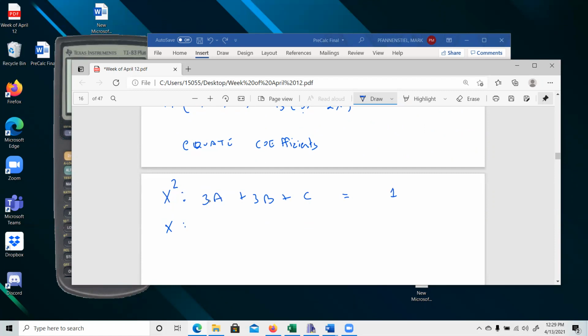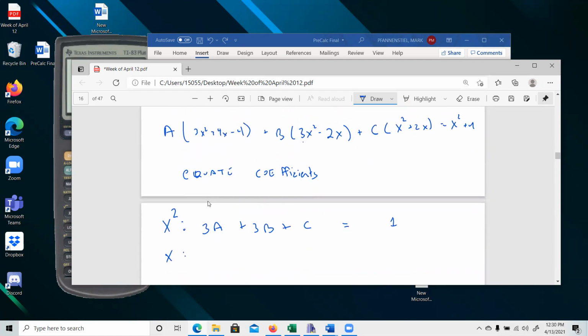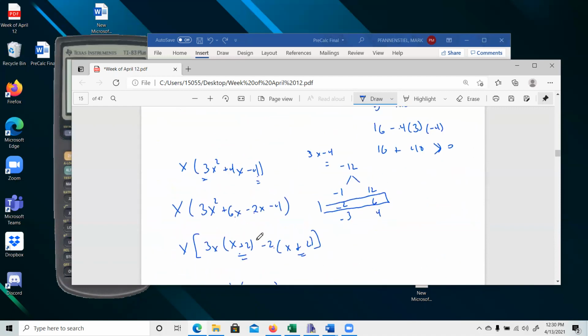What about x? Okay, so we're going to have a 4A minus 2B plus 2C. That's equal to 0 because there wasn't a linear term over here. All right, I don't think there was at the very beginning.